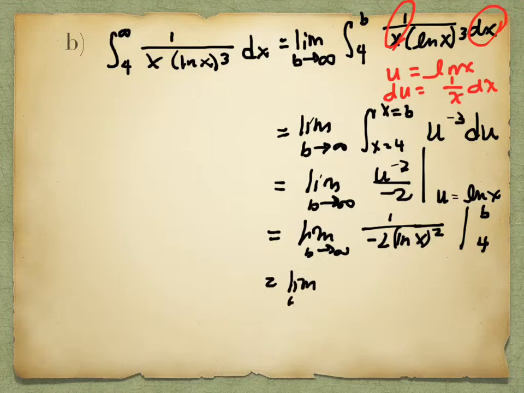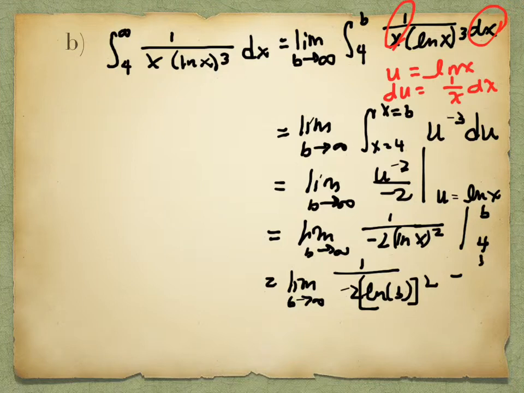So limit as b goes to infinity of 1 over negative 2 natural log of b quantity squared, minus 1 over negative 2 natural log of 4 quantity squared.